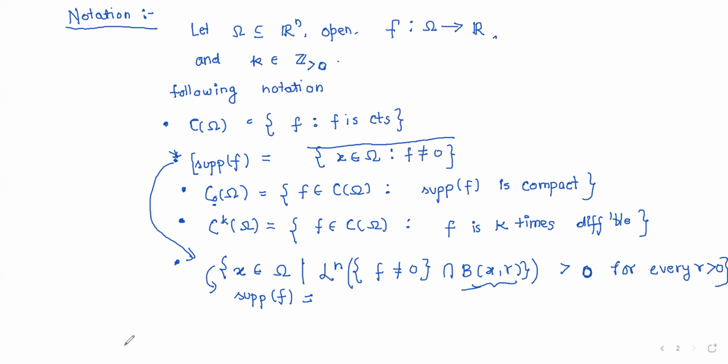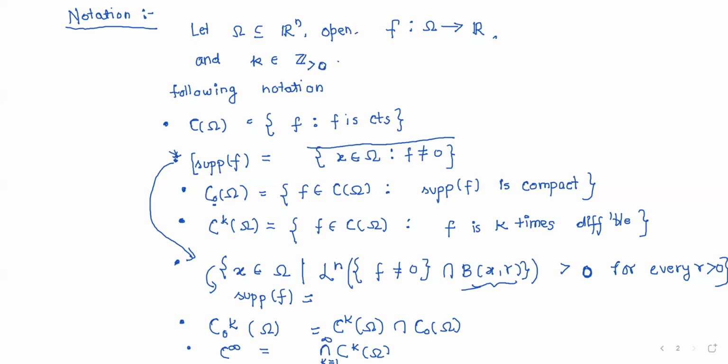Okay. So now we go to C_0^k. This is all those k times differentiable functions intersected with compact support. And C^infinity is the intersection of all C^k functions. This is smooth, I will say.